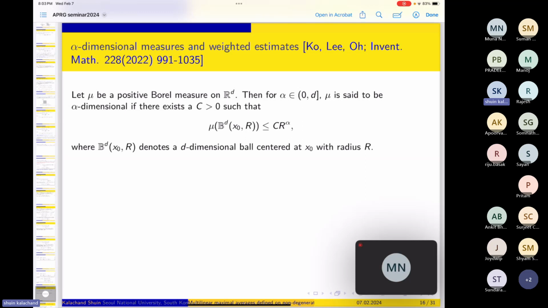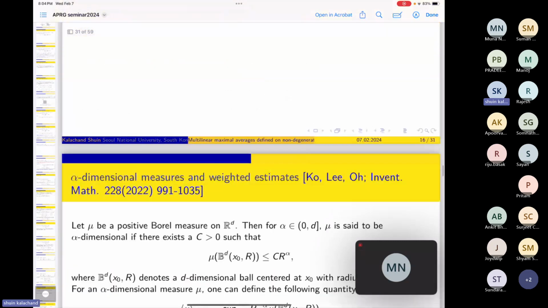Then mu is said to be alpha-dimensional if there exists a positive constant C such that the measure of a ball of radius r centered at x0 is dominated by some fixed constant C times r to the power alpha, and this is uniform with respect to all the radii r and the points x0. Then we call this Borel measure mu alpha-dimensional.